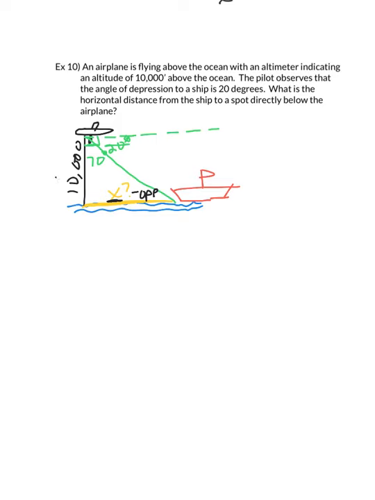So that is the adjacent. Well, that means we need to do tangent. So the tangent of the 70-degree angle has to be the opposite, which is the X we're looking for, over the adjacent, which is 10,000.